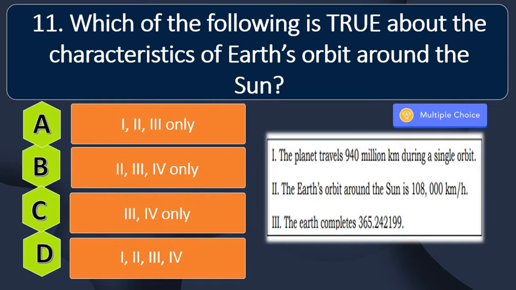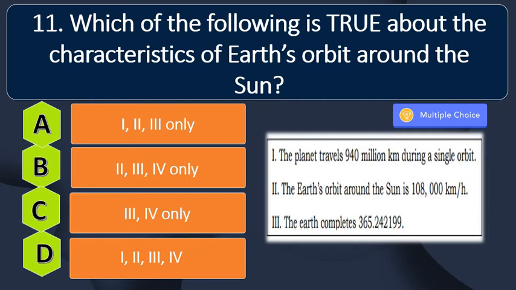Number 11 question. Which of the following is true about the characteristics of Earth's orbit around the Sun? Is it 1. The planet travels 940 million kilometers during a single orbit. 2. The Earth's orbit around the Sun is 108,000 kilometers per hour. Or 3. The Earth completes 365.242199 solar days.